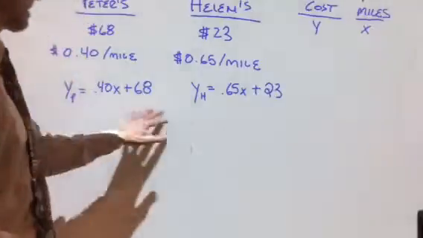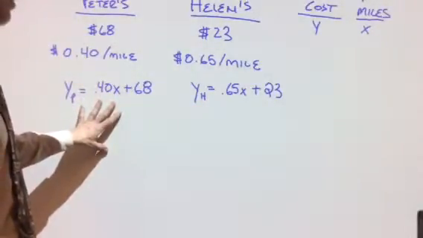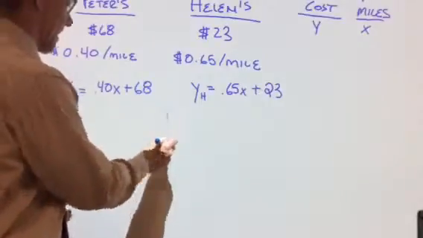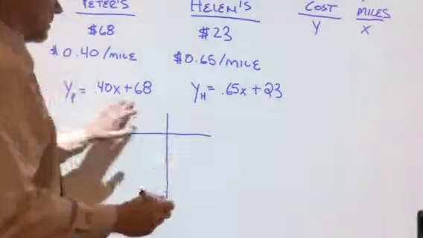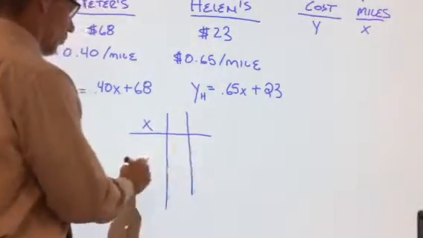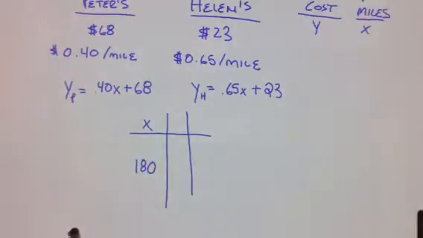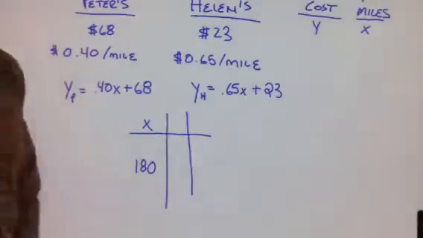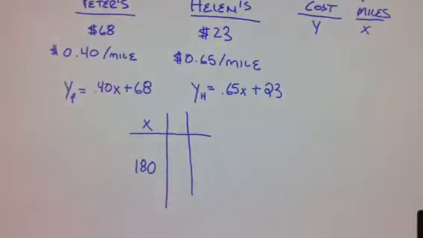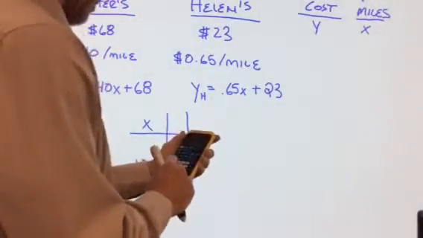Then we set these equal to each other using the substitution method that we've been studying, and eventually when we solve these equations simultaneously, we found out that at 180 miles, they both cost the same. I can use either one of these.